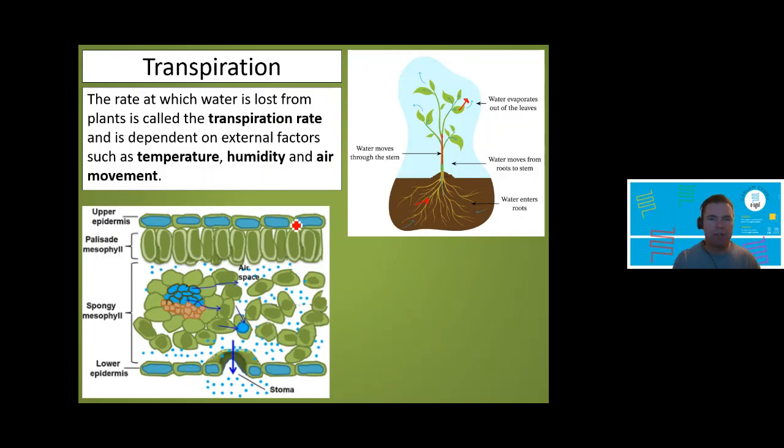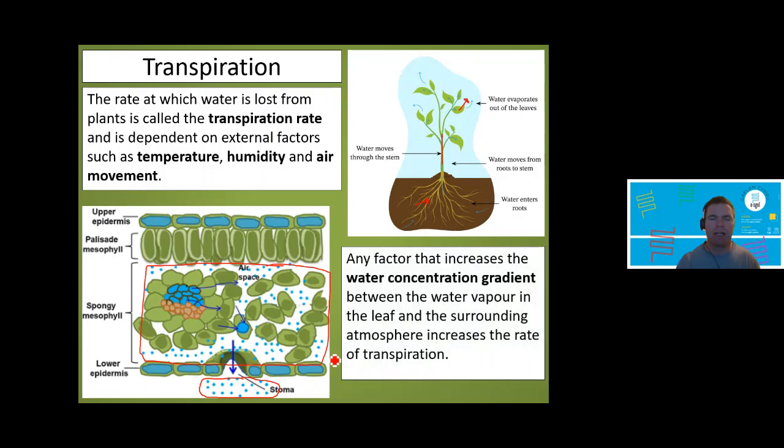So why is it relevant? Well, what we're really interested in here is the concentration gradient between inside the leaf and outside the leaf. Inside the leaf, we're talking about the concentration of water vapor molecules here, and outside we're talking about the concentration of water vapor molecules there, because the rate of transpiration is dictated by the difference in concentration between inside and outside.